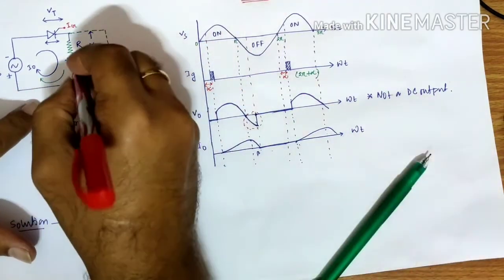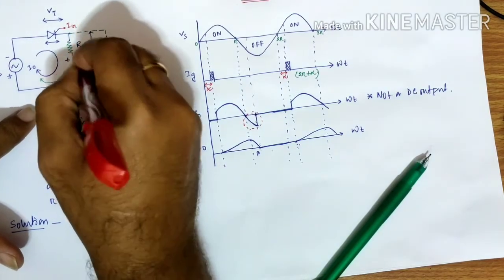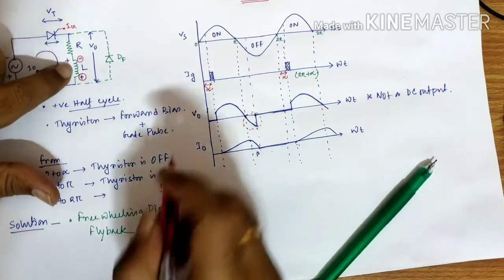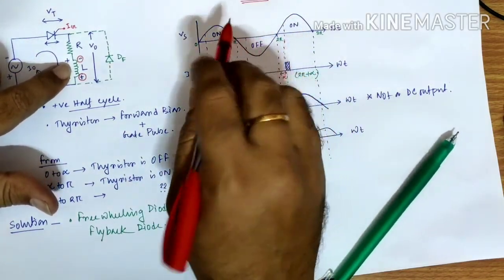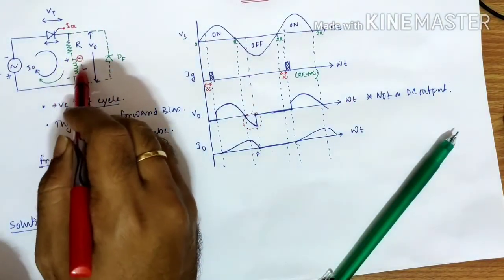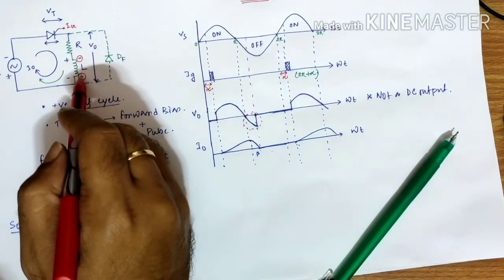L goes into discharge mode with the polarity like this, plus and minus. Just after we cross pi, the EMF inside the inductor L is maximum and its polarity is like this.